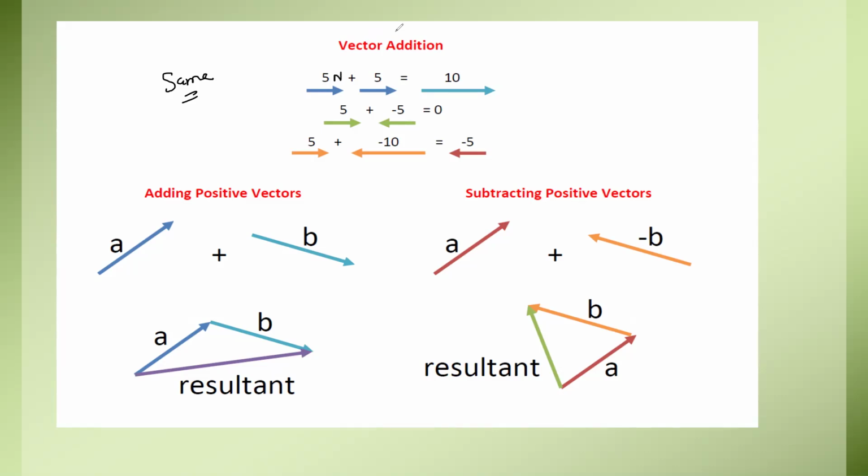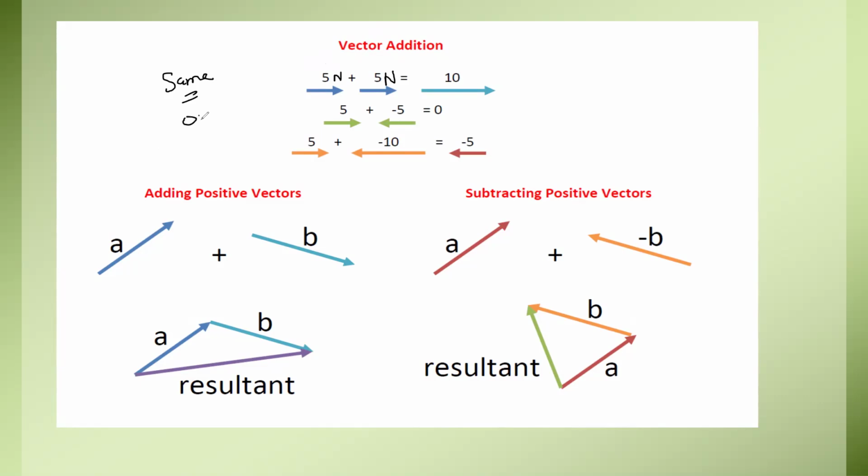Here it can be any vector quantity, like force, momentum, velocity, or displacement. But if two vectors are acting in the same direction, to find the resultant, we simply add them. So if a force of 5 Newton and another force of 5 Newton are both acting in the same direction, to find the magnitude, we just add them.